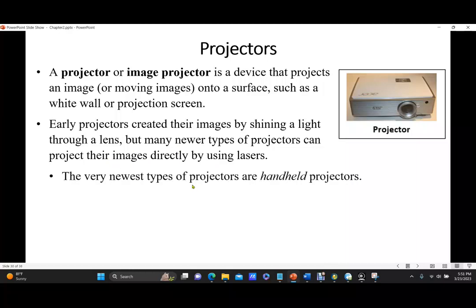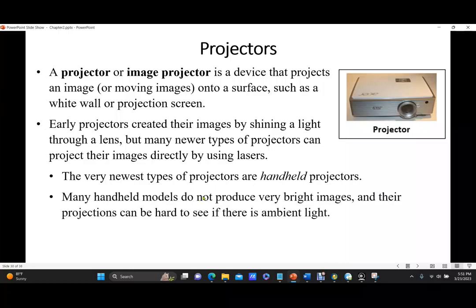The very latest are handheld projectors. Many of the handheld models don't produce very bright images, and they can be hard to see if there's any ambient light.